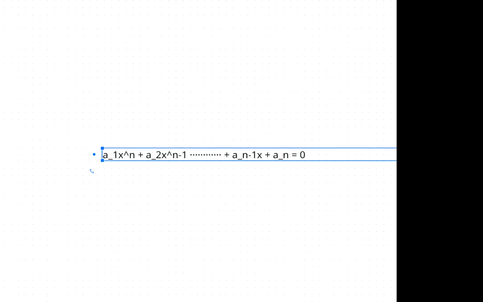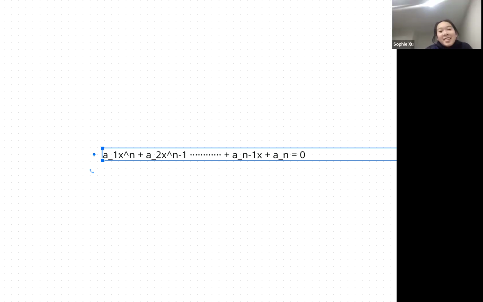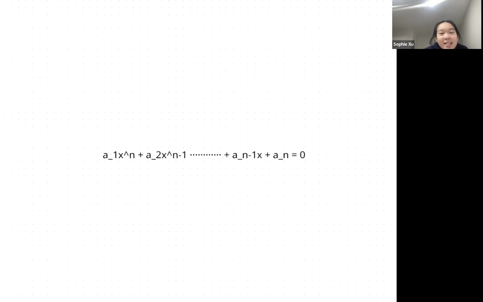Okay, so from the previous ones, we noticed that the sum of all the roots is negative b over a, which in this case would be negative a2 over a1. Yeah, good job. You get 1 cookie. All right, so yeah, that's right. The sum of the roots.